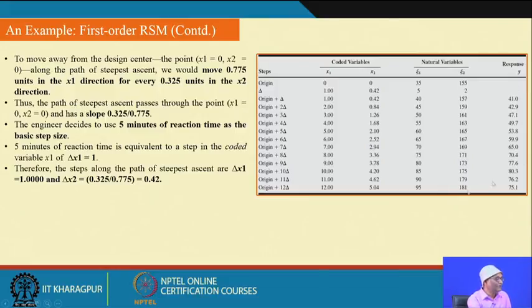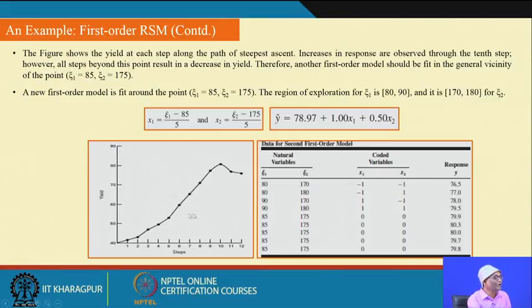Once all those response values are plotted, you will get something like this. Based on the first order model and the subsequent experiments, you have reached a point, I think this is the 10th step size. Here you find the x1 and x2 values, and what the value of y is.